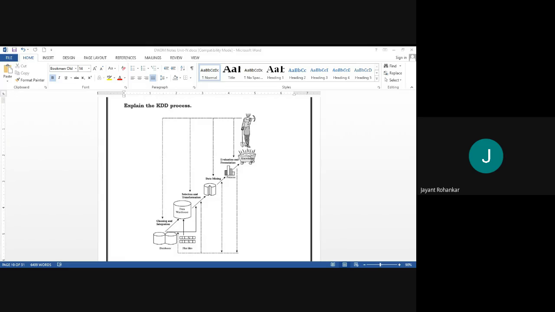Suppose in any industry the production decreases in a month. The production manager will be asked by the CEO or the owner of the company why the production decreased. If the production manager has no idea what problem arose during that month, he or she is not able to answer the owner.